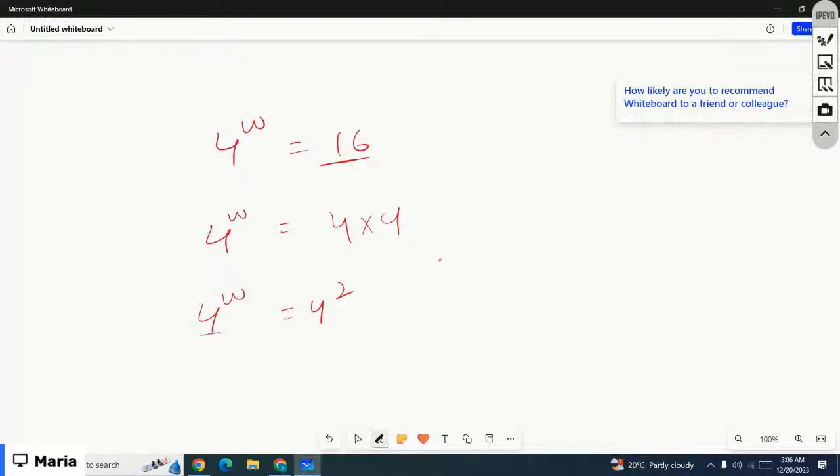You can see their bases are equal. When the bases are equal, their exponents are also equal. That means W equals 2. Got it? So the variable W equals 2, right?